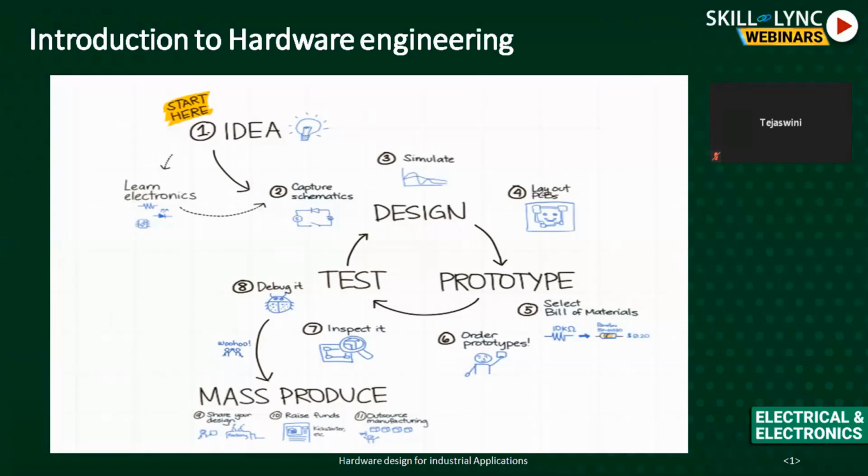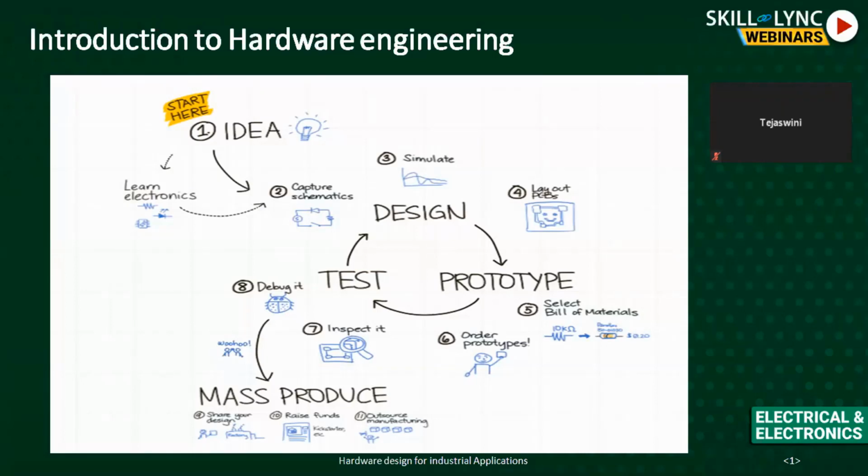So what you do is try to debug it. You try to identify why it is not working, why this section is failing, why the pump motor is not on, why it is consuming so much power. You start debugging it. The process is, again, you redesign the schematics and then simulate it if necessary, and then do the layout. It's not necessary all the time that you do the layout.